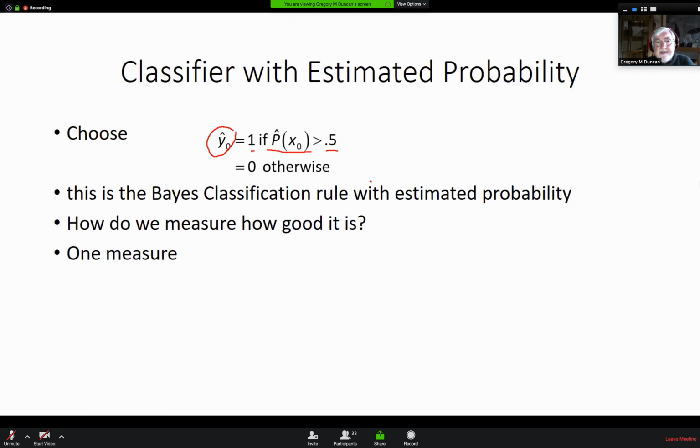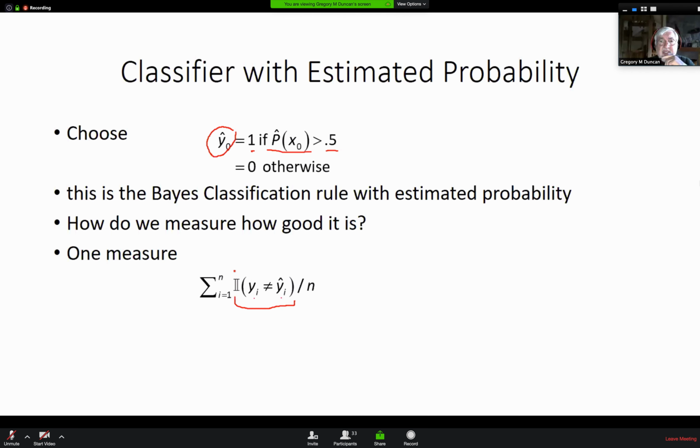Here's one measure. This is why I introduced the indicator function. So I asked the question, was yi hat equal to yi? That is, in my sample, if I go and I predict what y hat i is, do I in fact get yi?